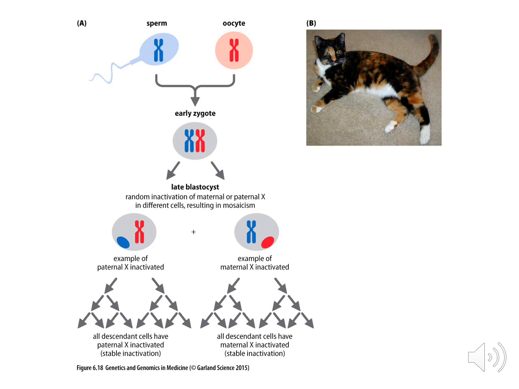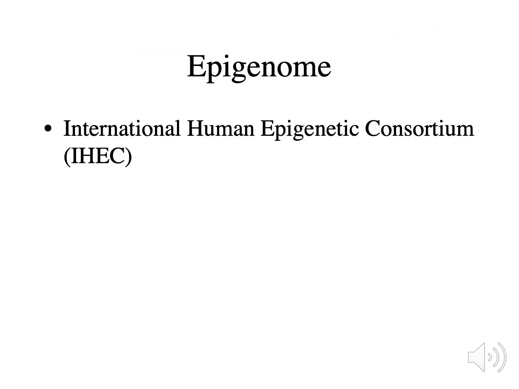This is a very interesting phenomenon that we are probably familiar with from previous biology classes. On our final slide in this module, we're going to bring up the epigenome. The epigenome is the total collection of epigenetic settings across a whole genome.